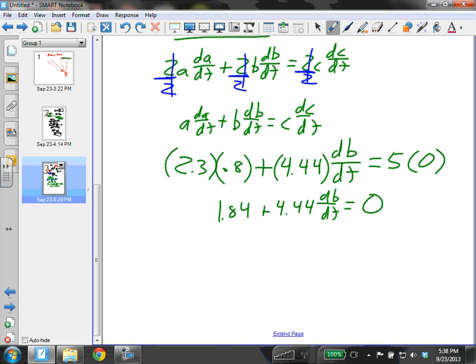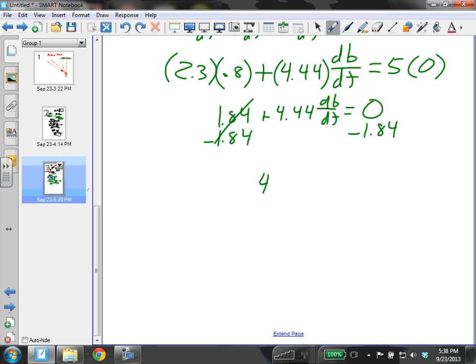So now in order to solve this equation, we need to get dB/dt by itself. So I'm going to subtract 1.84 from both sides. And I get 4.44 times dB/dt is equal to negative 1.84. And that's a good sign because we know this answer should be negative.